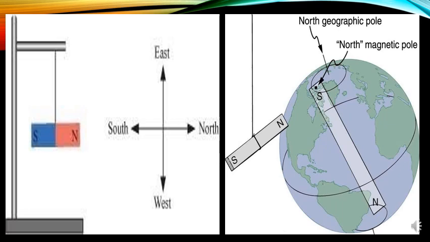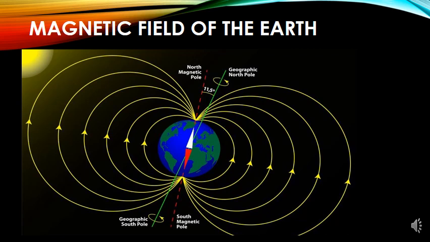Hope it is clear to you all why a freely suspended magnet rests in the north-south direction. That is because earth itself is a magnet. In this picture you can see the angle between the geographical axis and the magnetic axis.